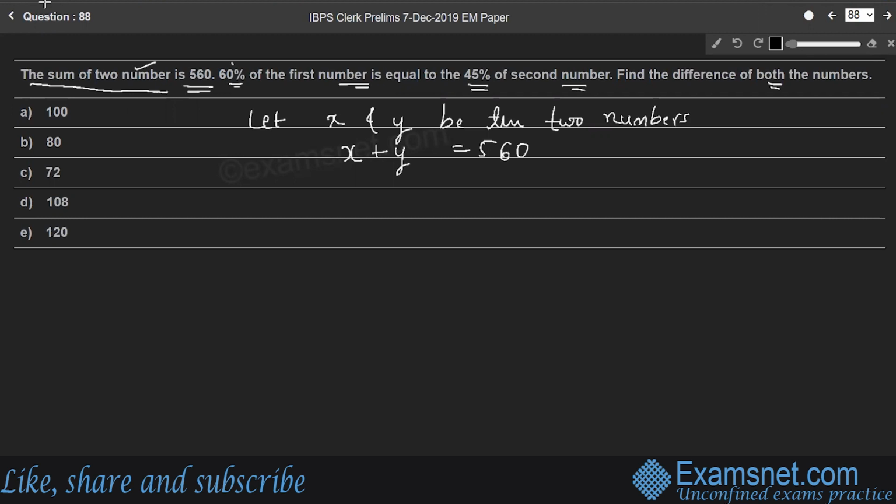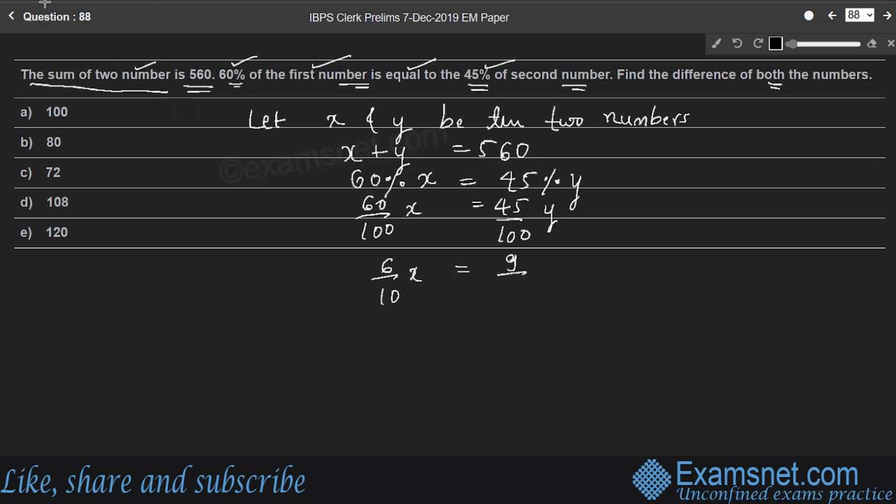Right? And it is given that 60% of the first number, first number is x, is equal to 45% of the second number, 45% of y. What is 60%? 60 by 100 into x is equal to 45 by 100 into y. Simplify. You will get 6 by 10 x is equal to 9 by 20 y. Right?